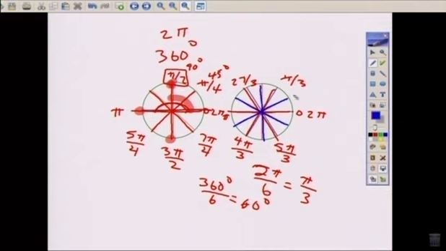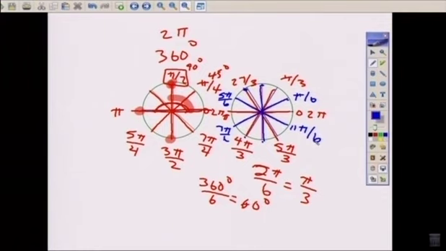That's a pi over 6. So we have 1 pi over 6, 2 pi over 6, 3 pi over 6, 4 pi over 6. Over here we have 5 pi over 6, 6 pi over 6, 7 pi over 6, 8 pi over 6, 9 pi over 6, 10 pi over 6, and 11 pi over 6.